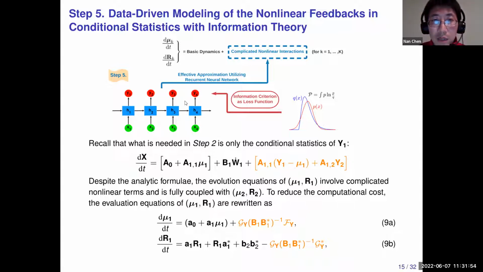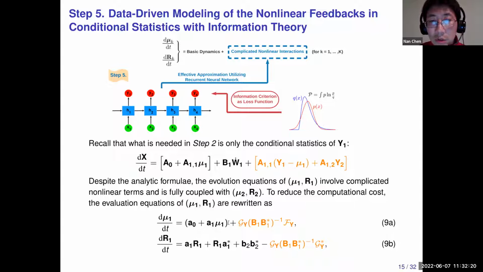For the details, just recall what we needed in step 2, which was the statistics of this y1, that this is mu1 here, right? Then this is the residual part, as I mentioned. For this moment equation, we can first write down d mu1 and d R1, which are the posterior mean and the posterior covariance of this y1.